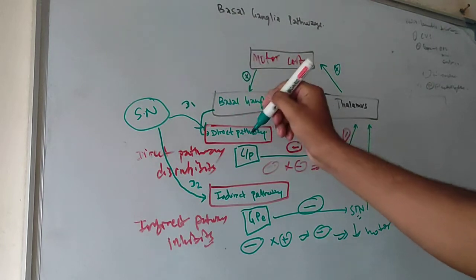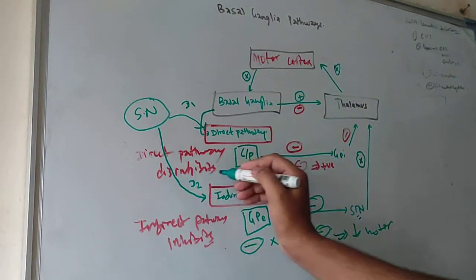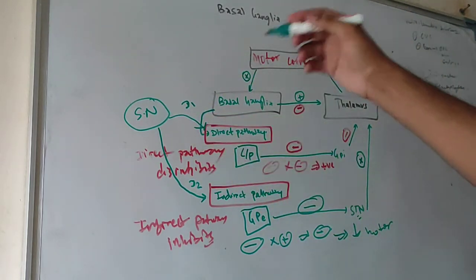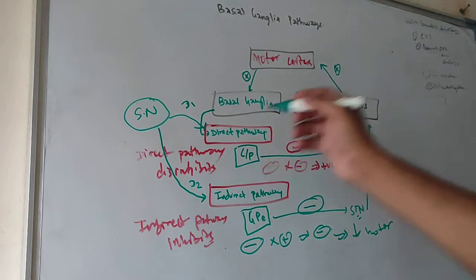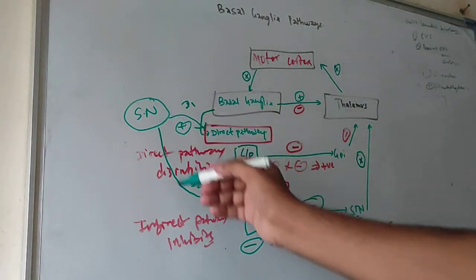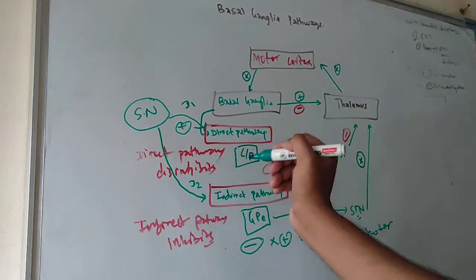The stimulation of the D1 pathway, or direct pathway, disinhibits the overall system, which means motor activity is intact, and stimulating the indirect pathway means the inhibition is intact.